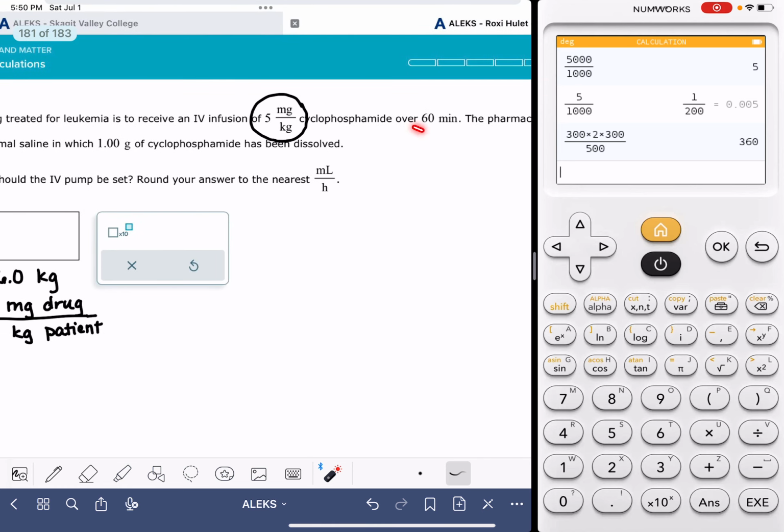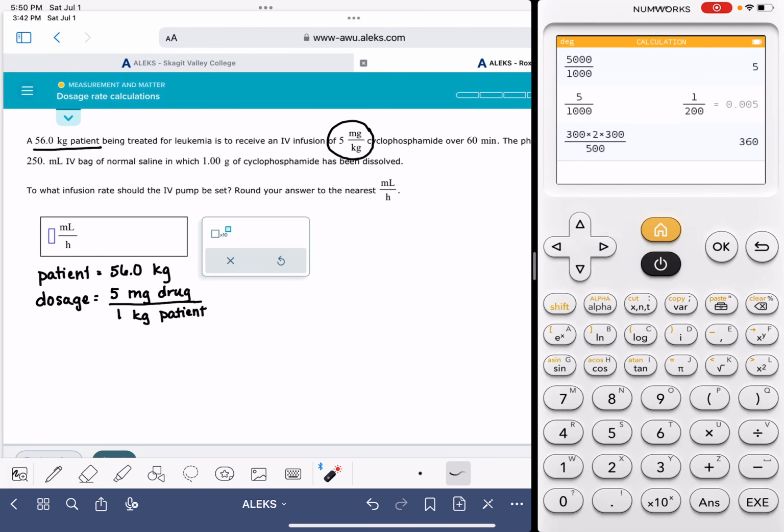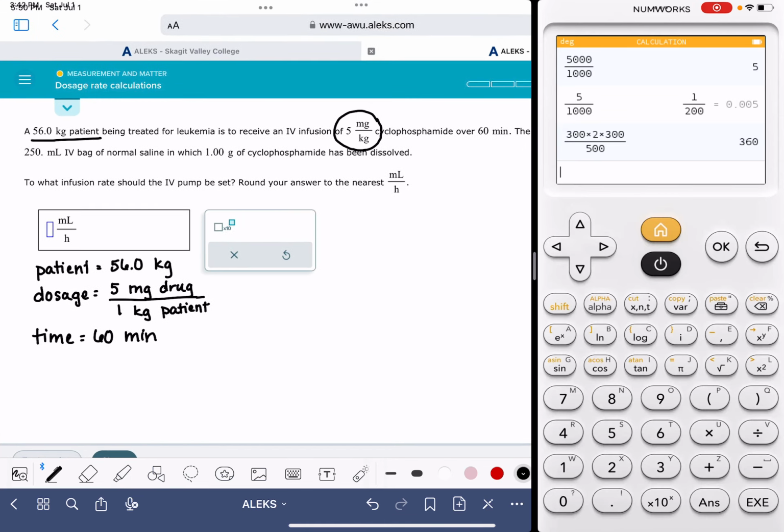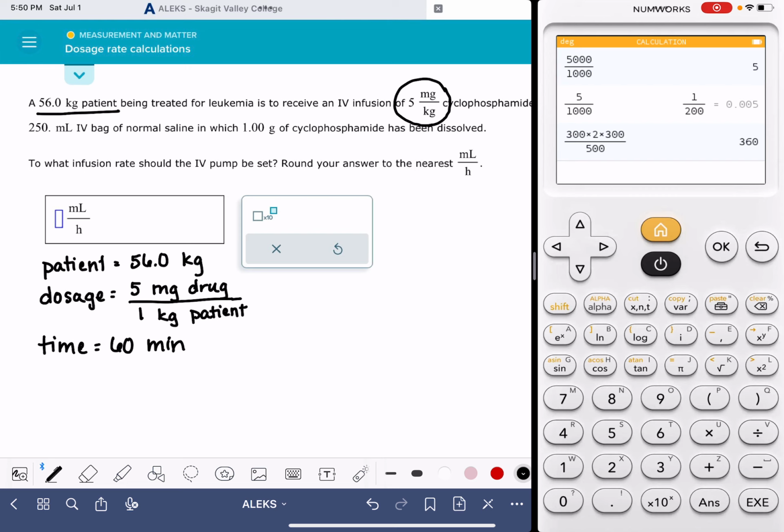So this dosage rate is a conversion factor between the mass of the patient and the mass of the medicine. And then it's also going to give you an amount of time that the patient needs to receive the drug across a duration of time. So for mine, it is 60 minutes. And then last but not least, it is giving me a volume of solution that contains a particular amount of that drug.